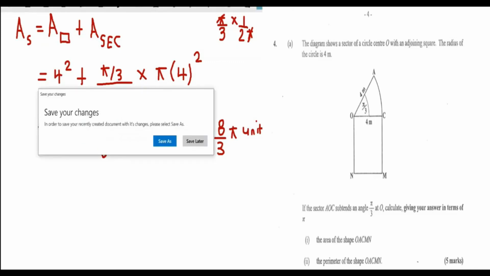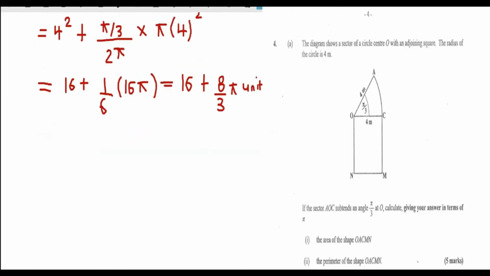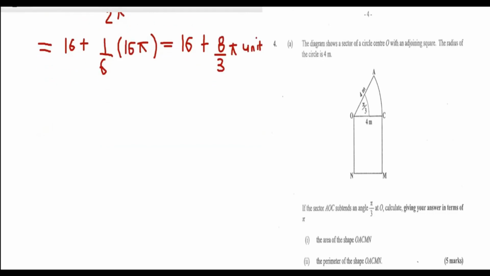Now the next part of the question says, find the perimeter of the shape. Finding the perimeter is total distance around. So what does that mean? Total distance around will give you perimeter. All right, so if you have this weird looking shape right here, the perimeter is going to be this length plus this length plus this length plus this length plus this length.